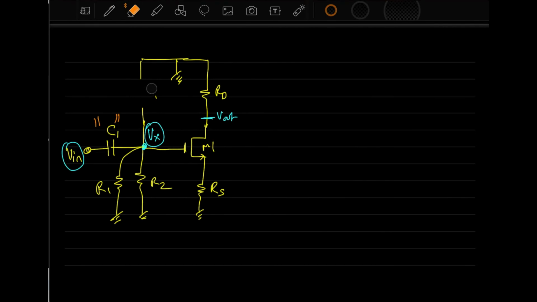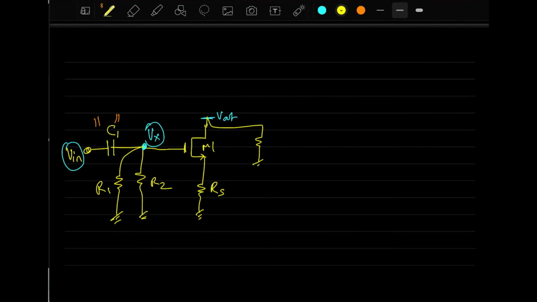So this will go away, and you can bring this RD also down and write it like this. So basically the circuit reduces to this. Now this is your Vx. What we want is to calculate Vx by Vin.